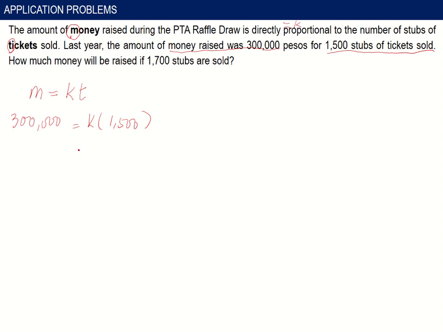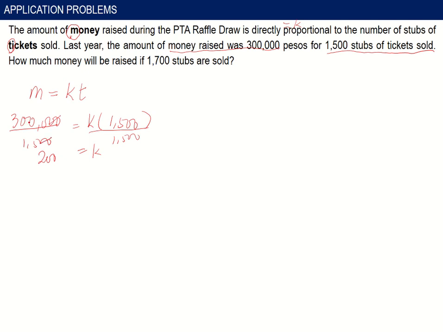Okay, let us solve for K by dividing both sides by 1,500. So we have, let me make use of my calculator, 300,000 divided by 1,500, we have 200. Or simply pala, students, tanggalin natin tong dalawa.